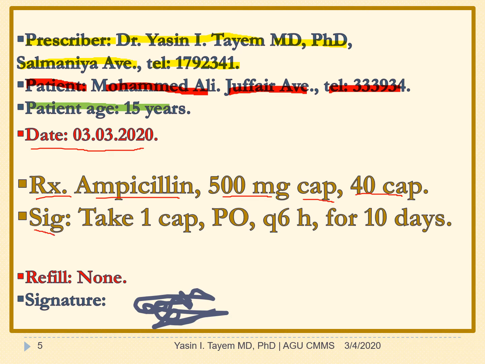In this case, for example, take 1 capsule, that is the dose, PO, that is orally, the route of administration, frequency Q6 hours, and the duration for 10 days. At the end, we have to add information about refill. In this case, it's none. And then we have to sign.